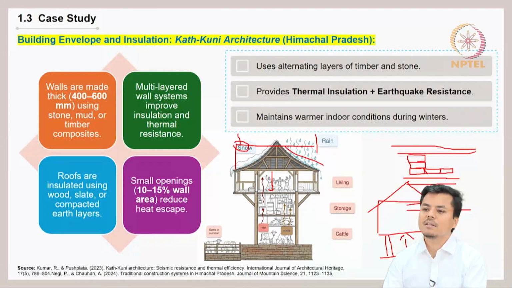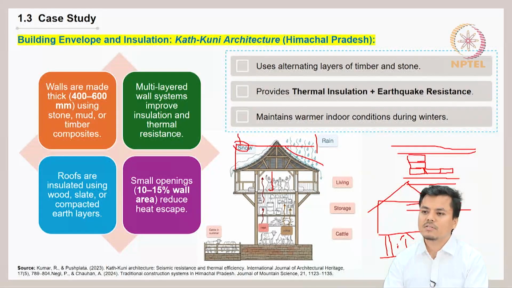The other reason is the reptiles that are very common over there, so they are also not allowed to enter directly. Had this entire building been built on the ground, reptiles like snakes and other insects or animals could enter the building very easily. To avoid that, these design strategies are followed. Further, they keep their domestic animals like cattle tied and kept here at the base.